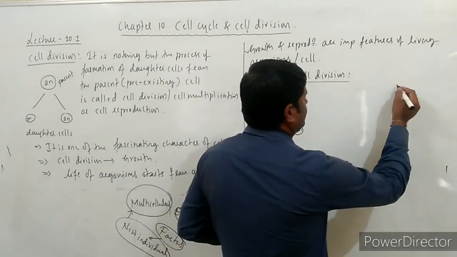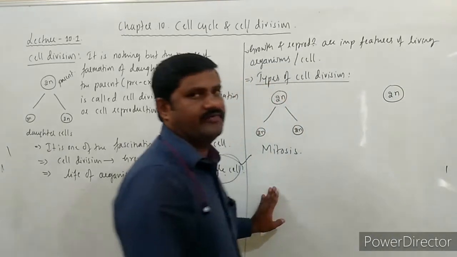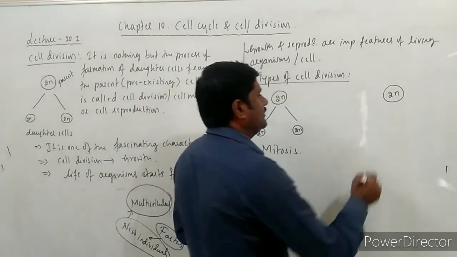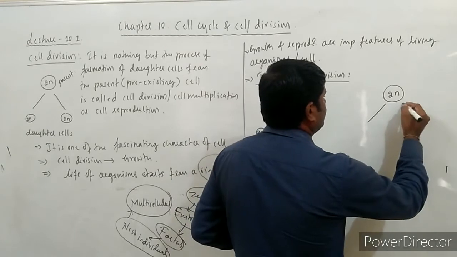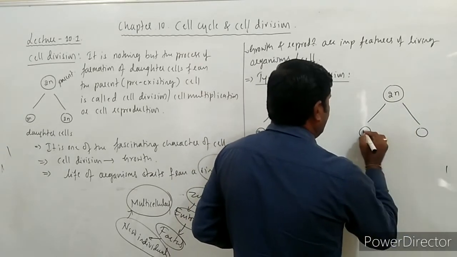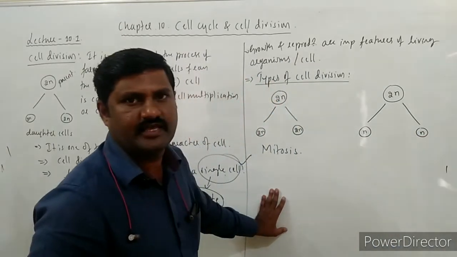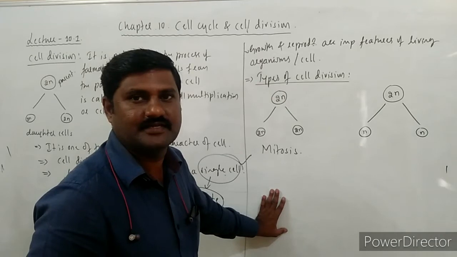And another type of cell division is there. One cell having 2n number of chromosomes is there, a diploid cell. It divides into two equal sized daughter cells, but the only difference is half the number of chromosomes are there in the first division.